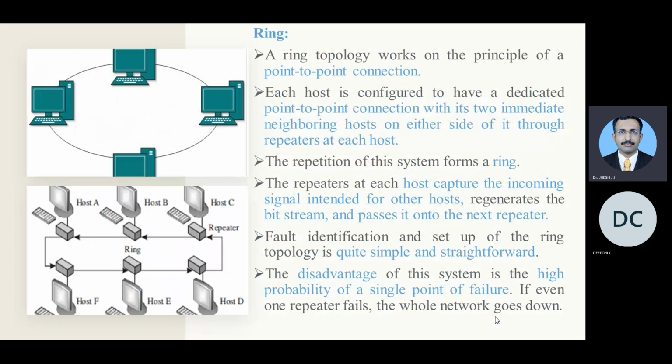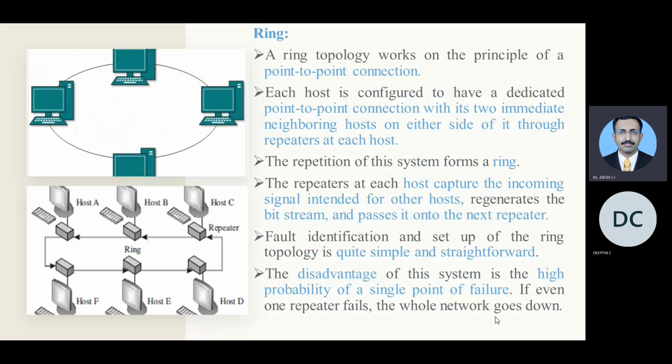Yes, the high probability of a single point failure, because if one repeater fails, there is a high chance of single point failure. If you have a ring and you break it at one point, you break it. Here also the same thing.